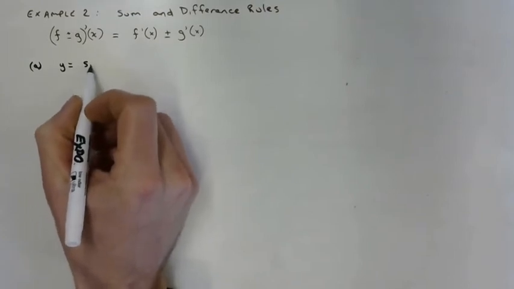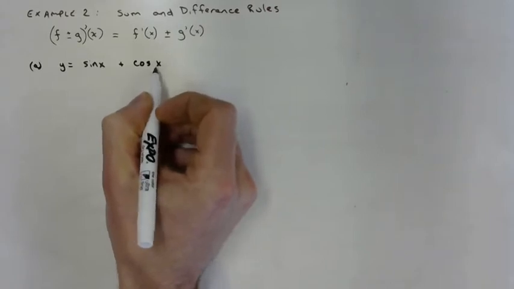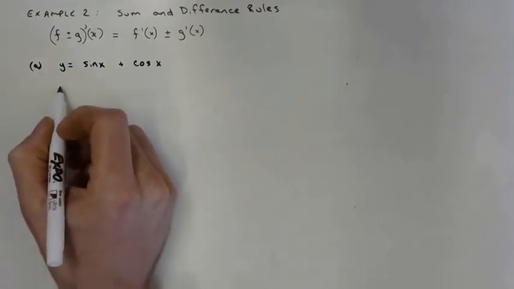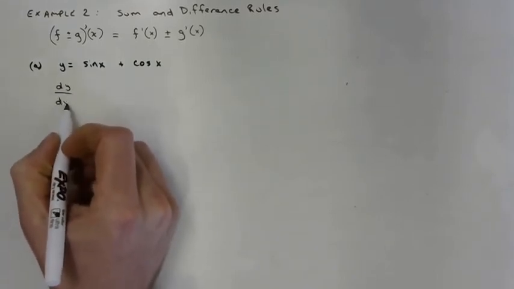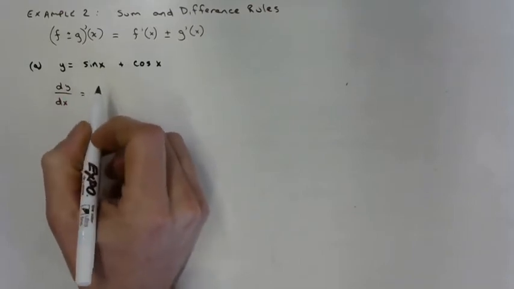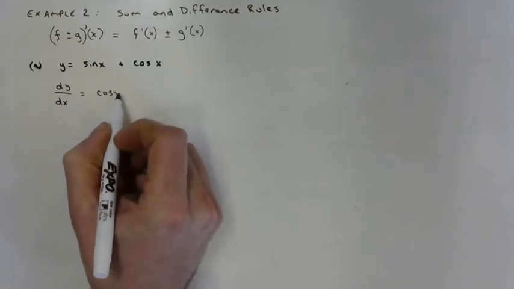So the first one, y equals the sine of x plus the cosine of x. And we want to find the derivative of that. We want to find dy by dx. All we need to do is take the derivative of our first function. The derivative of sine x is cosine x.